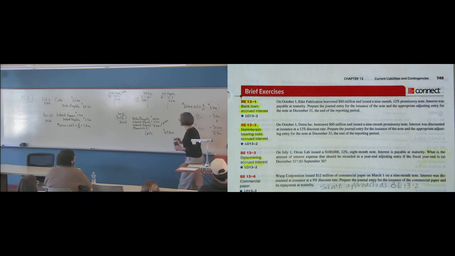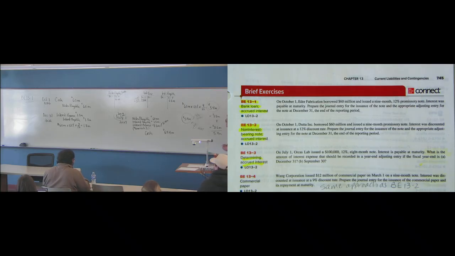Sometimes I hesitate to show you those 2 options, but some students like this approach better. Just make sure you get the right amount of interest. The total amount of interest has to add up to 5.4. It's just some of it was accrued in 1 year and the other 6 months accrued in the next year. All right, does that make sense to everybody? Sure? Any questions before we move on?